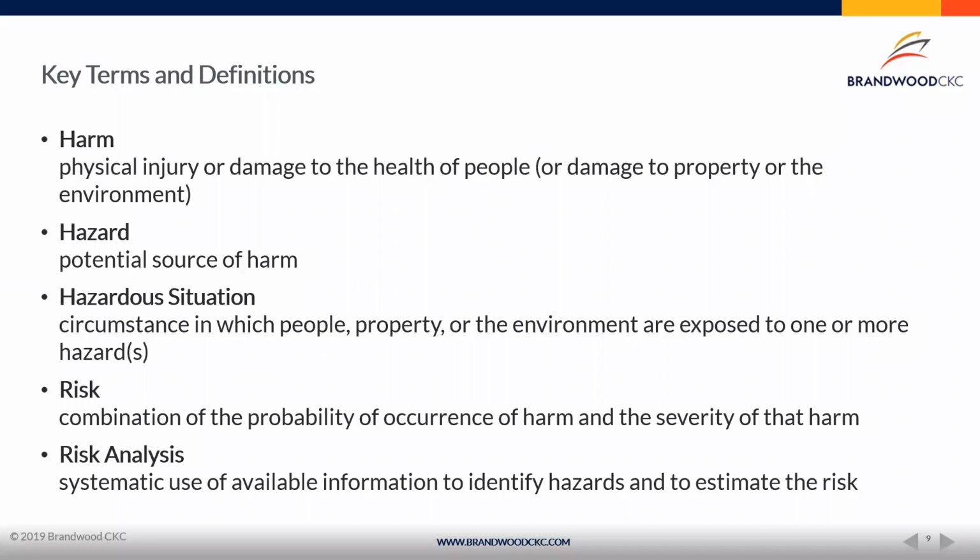Risk is the combination of the probability of occurrence of that harm and the severity of that harm. So really looking at, okay, we've identified a harm that comes from a hazard, but how often is that hazard or that harm going to happen? And what is the severity of that harm? Not all harms are created equal.